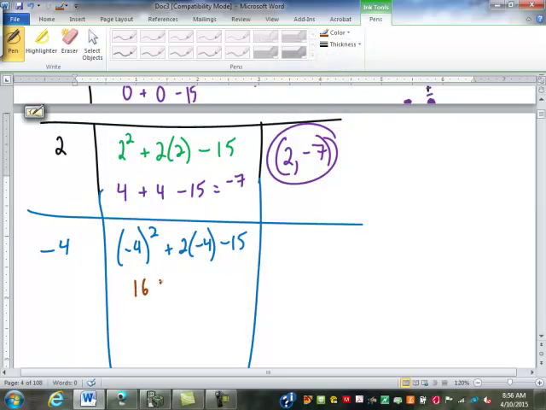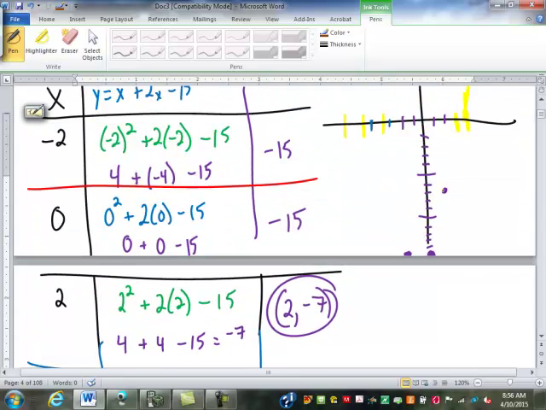Positive 16. 2 times -4 is -8, and minus 15. 16 plus -8 is 8, minus 15 is -7. So at -4, y is -7. That just mirrors this point here, like that.